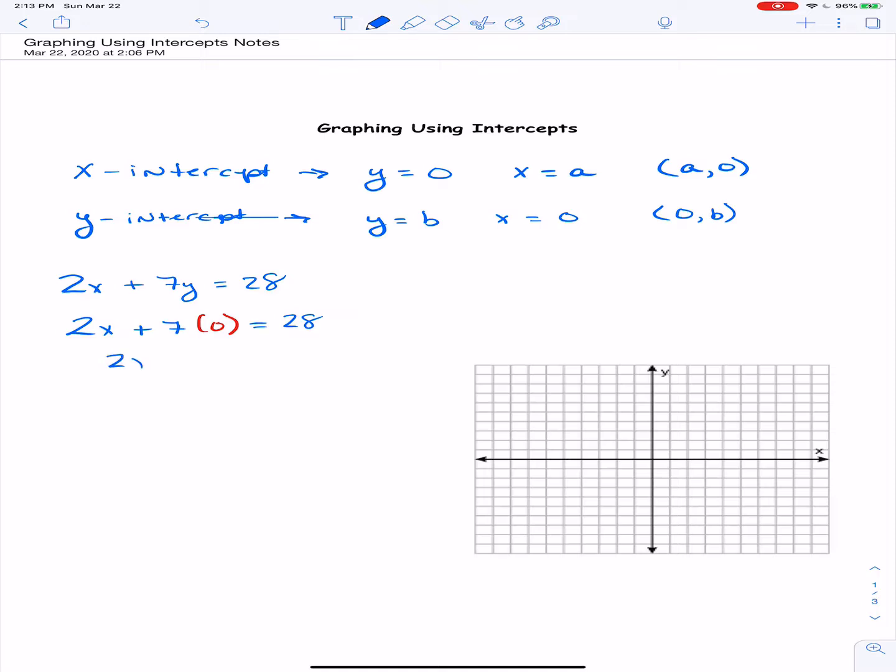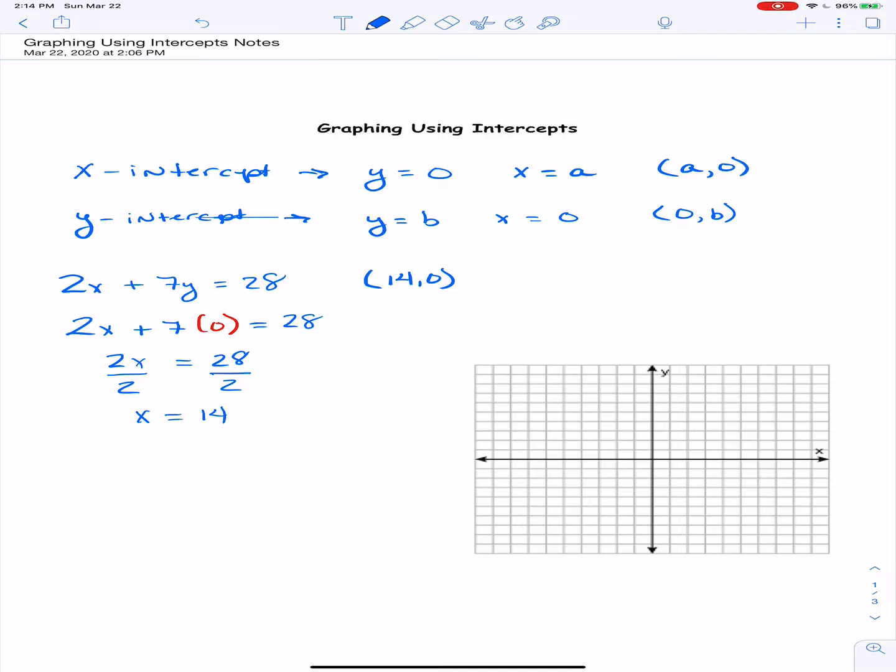So 2x plus, well, 7 times 0 is 0, so I get 2x equals 28. Now solve this one-step equation. We're going to divide both sides by 2, and so x is equal to 14. So our x-intercept for this equation is going to be 14, 0.